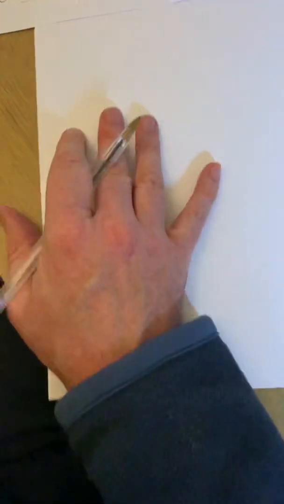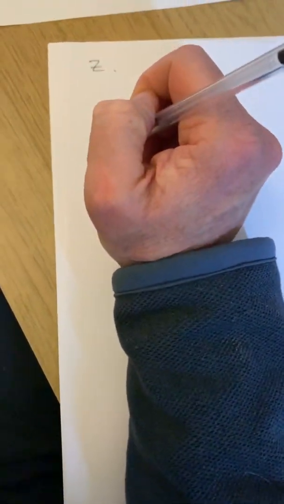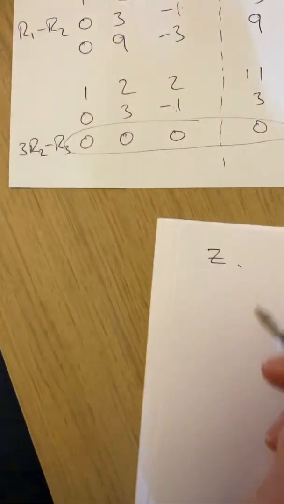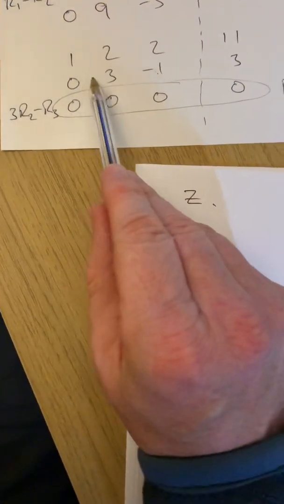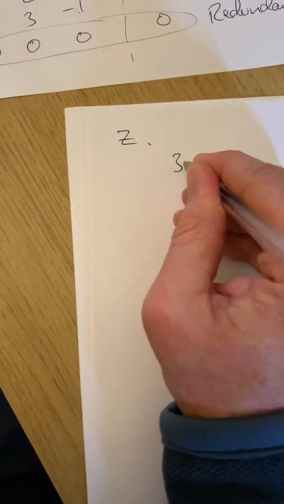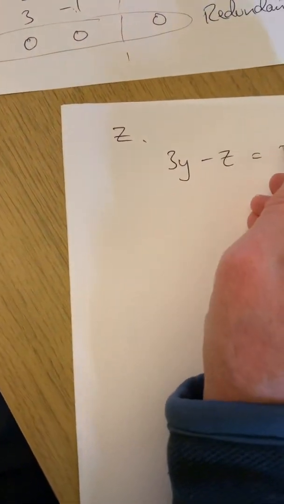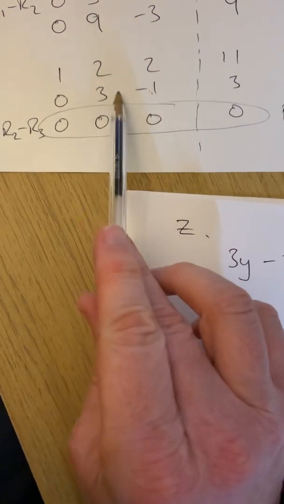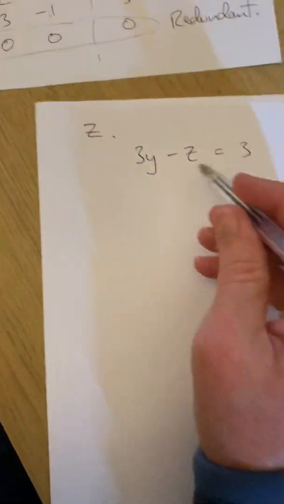So if you have a general value for Z, and you have your equations here. If we go to the second one here, that is 3y minus z equals 3. There it is there. Okay.